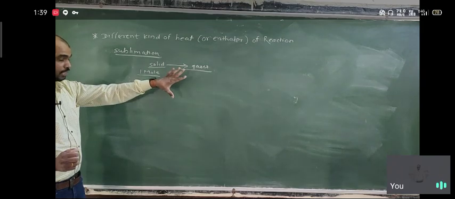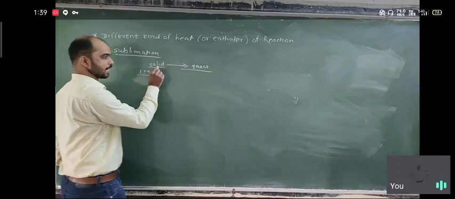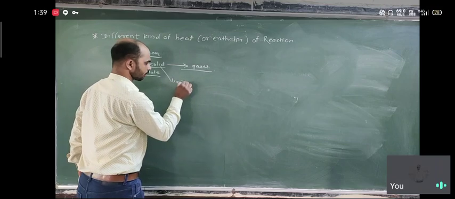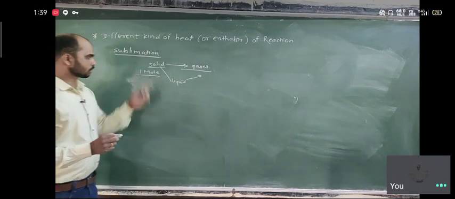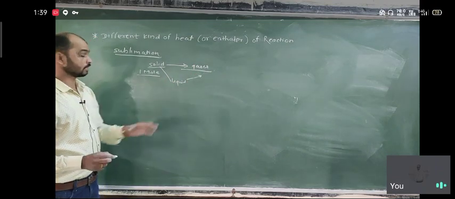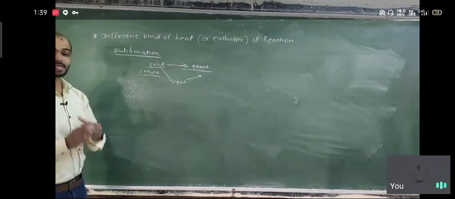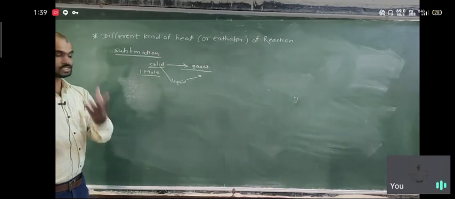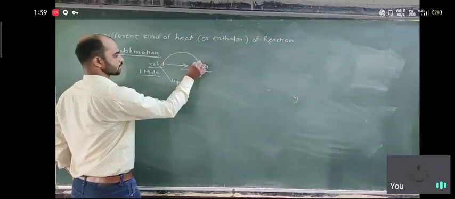But the important point here is that the solid directly converts into gaseous state without going to liquid state. Basically we know the solid converts into liquid, then liquid converts into gaseous state. But some substances have higher vapor pressure, and when we provide some energy, they directly convert into gaseous state.